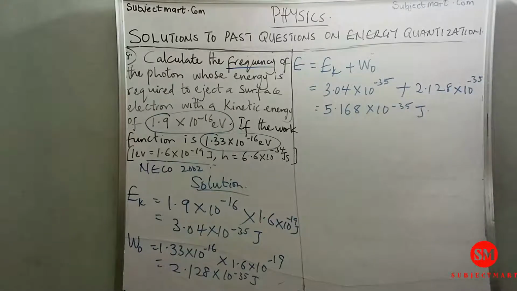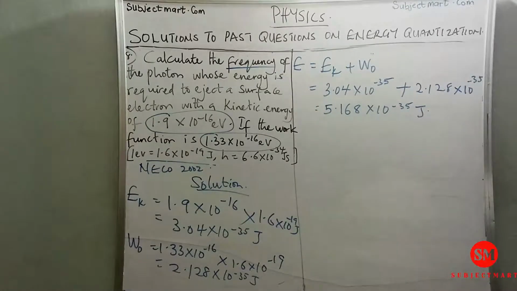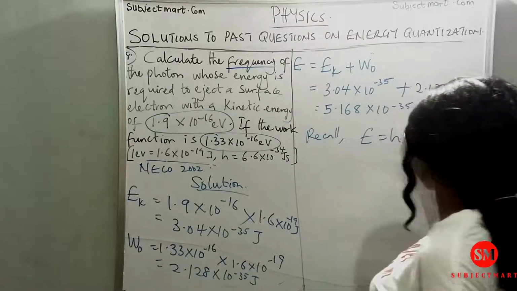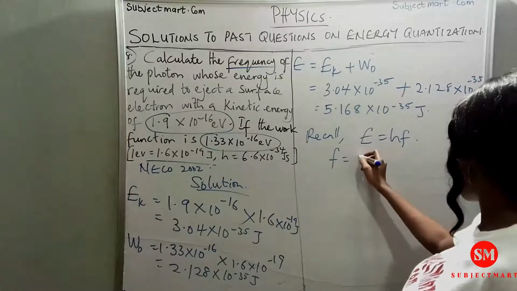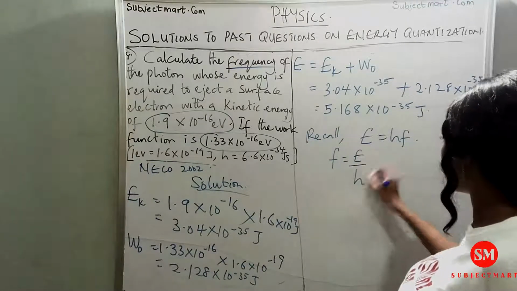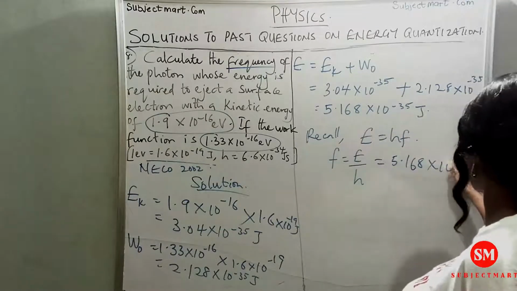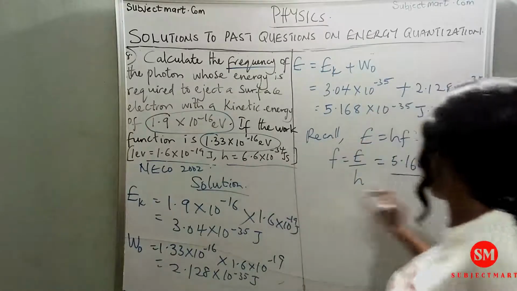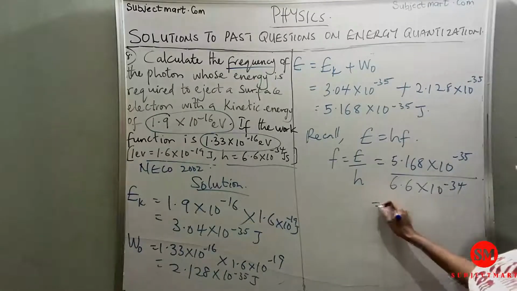And that is our E, which is the energy of the photon. But the question says we should find the frequency, not the energy. So you recall this equation, E is equals to HF. So from here we make F the subject of formula, and we have E over H. So our E is 5.168 times 10 raised to the power minus 35 all over H. Our H is a Planck's constant, which is 6.6 times 10 raised to the power minus 34 joules per second.